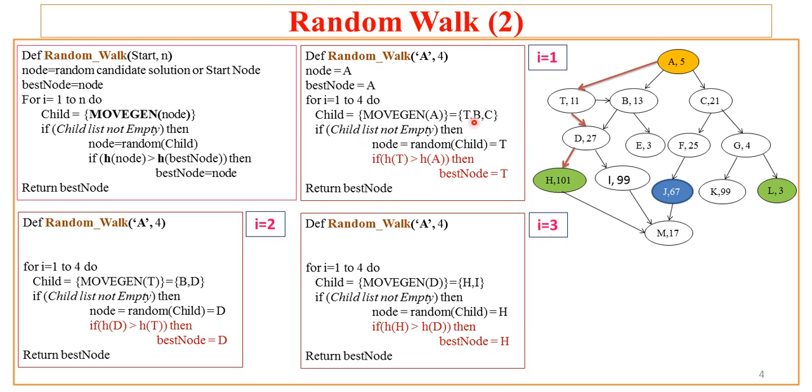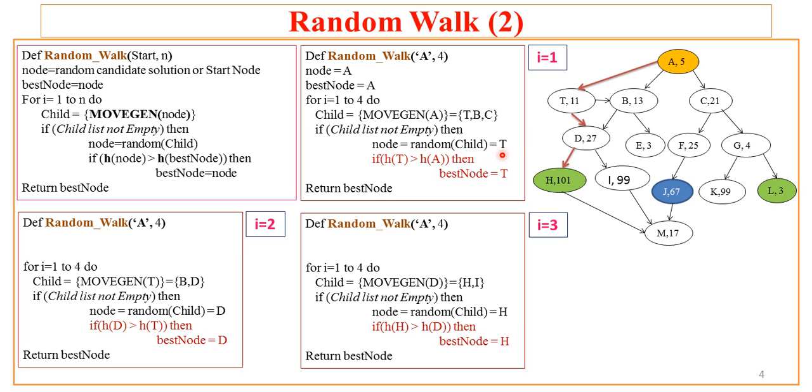And now here the child list is not empty because child has 3 nodes T, B and C. Now the random function will select randomly a node from these 3 children T, B and C. So assume that it has selected T as the node.